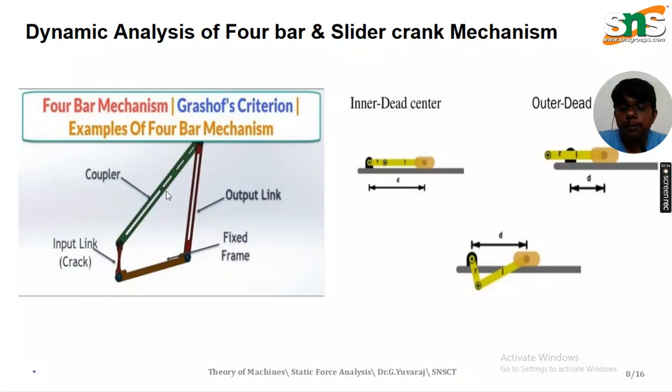The coupler acts as the connection between the input link and the output link. The motion can happen in these kinds of positions: the inner dead center, the outer dead center, and the distance of displacement.